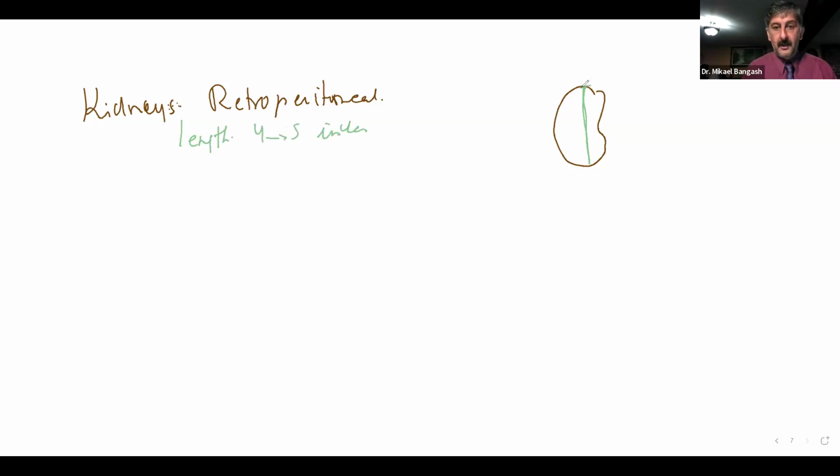So if you measure the kidney from here to here, that's between 4 to 5 inches. That's what they call the length of the kidney.